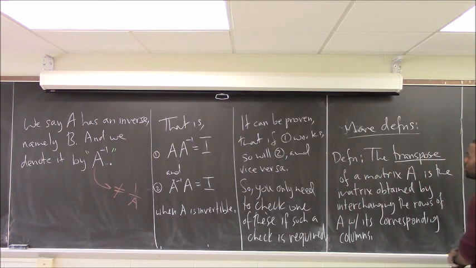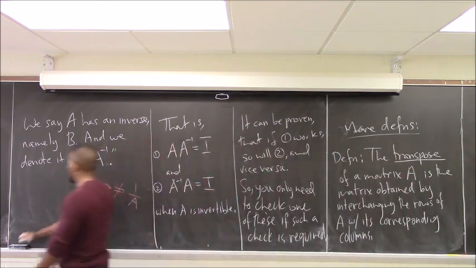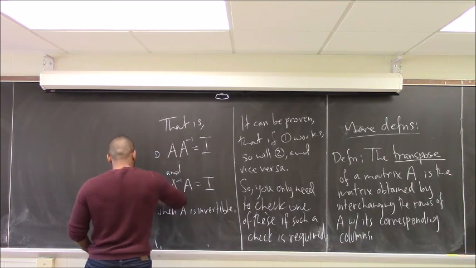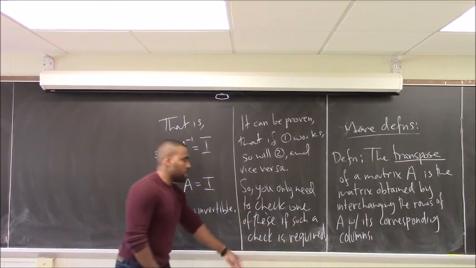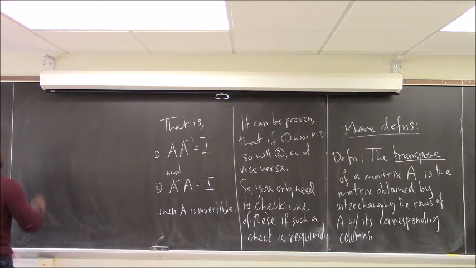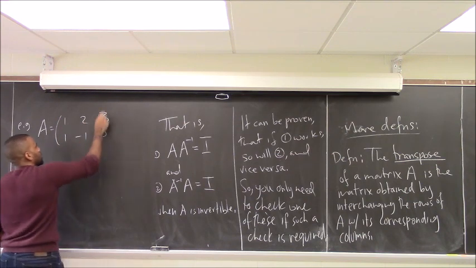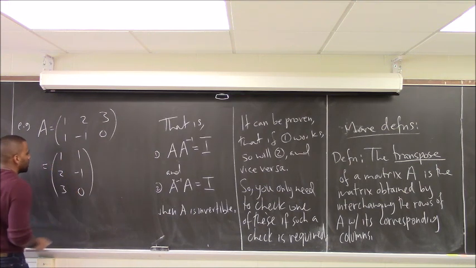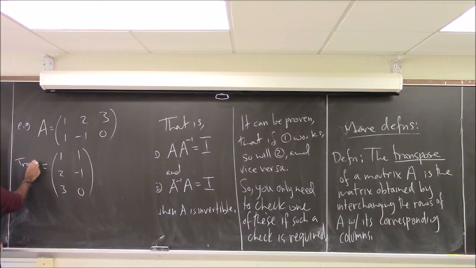There's the idea of the transpose of a matrix, or A transpose. That just means you switch the rows and columns in a corresponding way. So the first row becomes the first column, the second row becomes the second column, etc. So for example, A equals 1, 2, 3, 1, minus 1, 0. If I turn the first row into the first column, so I just write that vertically instead of horizontally, and the second row into the second column, this is the transpose of A. And we have a notation for it.